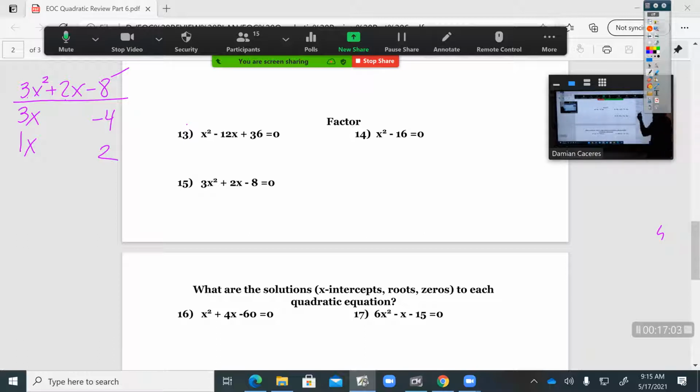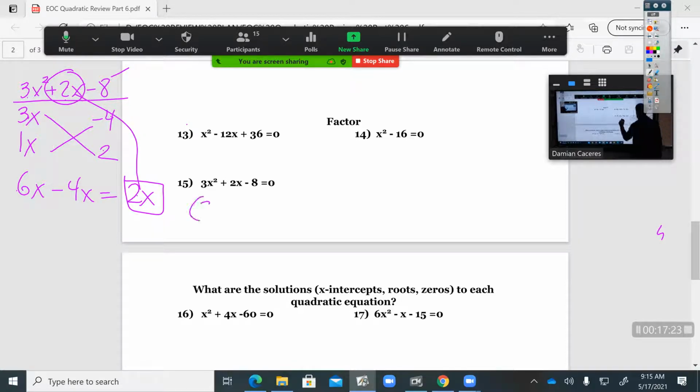Only one way will work, so you have to cross multiply to test out if you got the correct middle term. 3x times 2 is 6x. x times negative 4 is negative 4x. 6 minus 4 is positive 2. Our middle number matches.